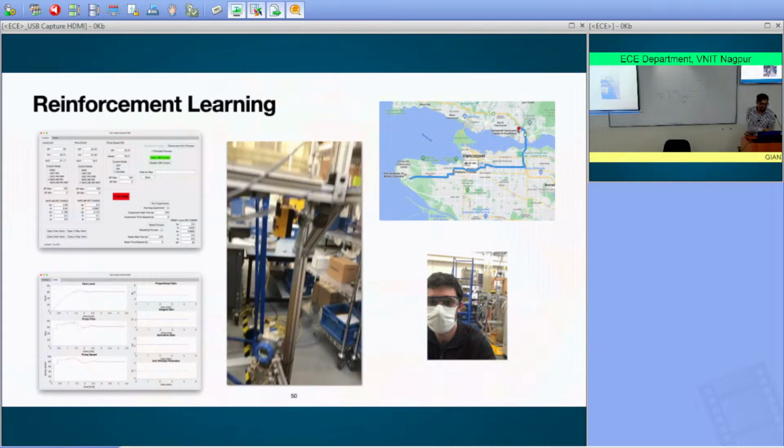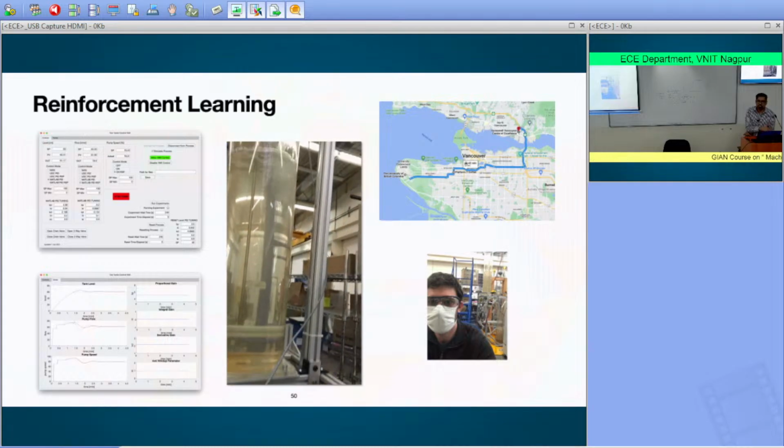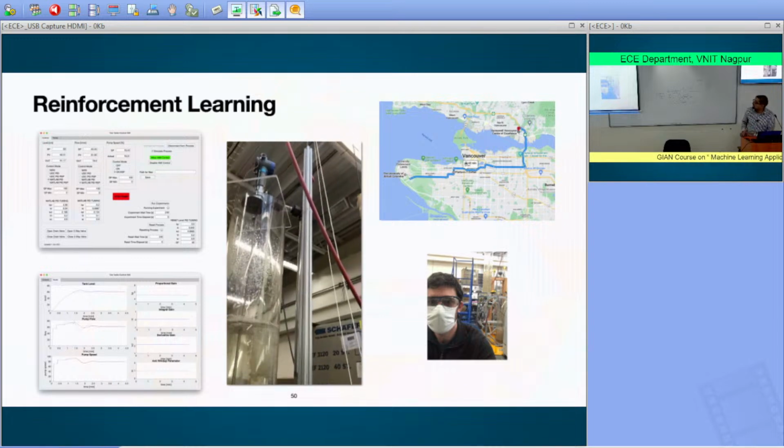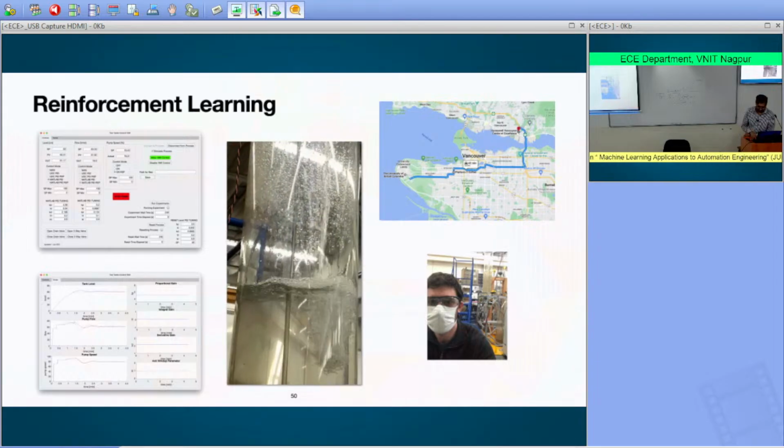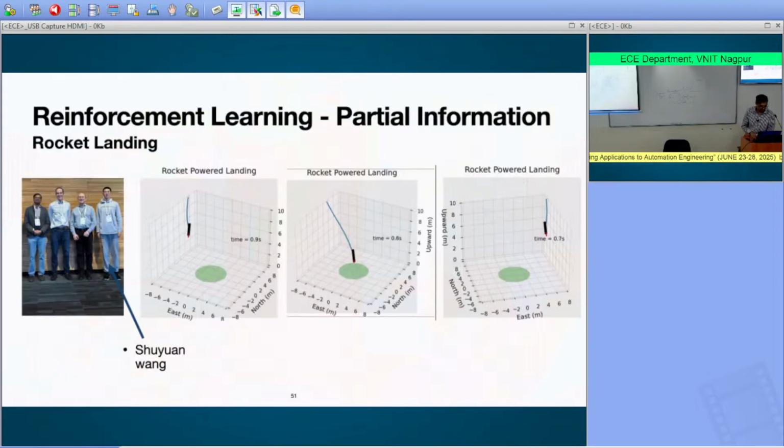What you see on the left-hand side is the interface that was developed for us to interact with Honeywell hardware. Okay, this is another student, Shuyan Wang. He also worked on reinforcement learning. In this example, he's trying to land a rocket on a launch pad. This is clearly a simulation.